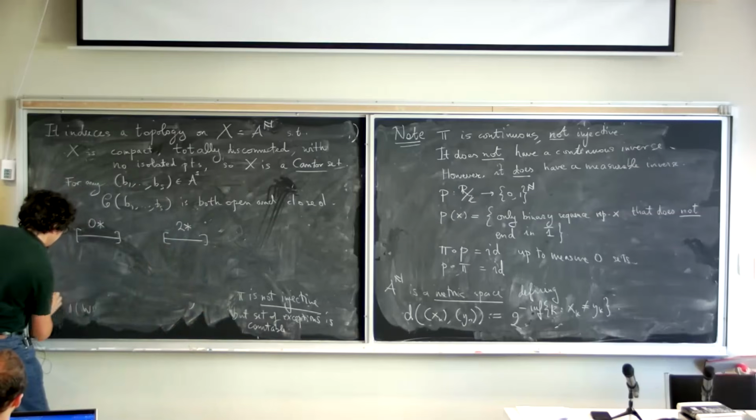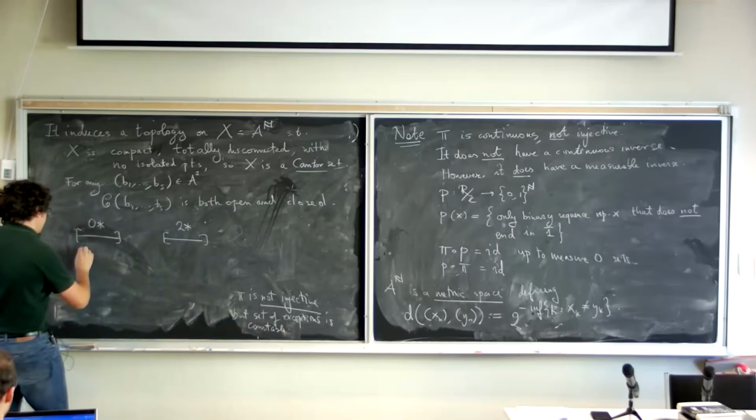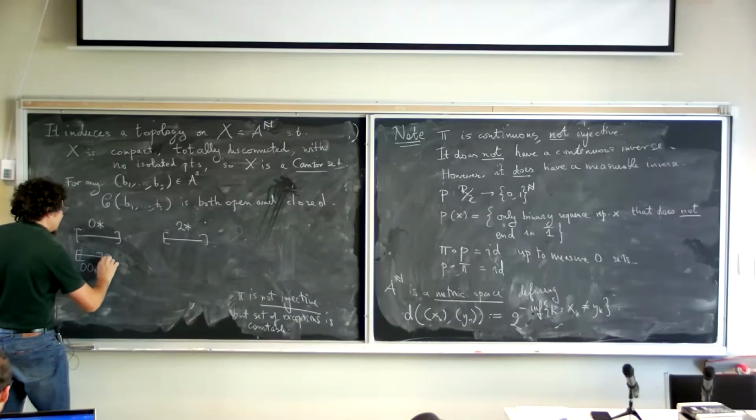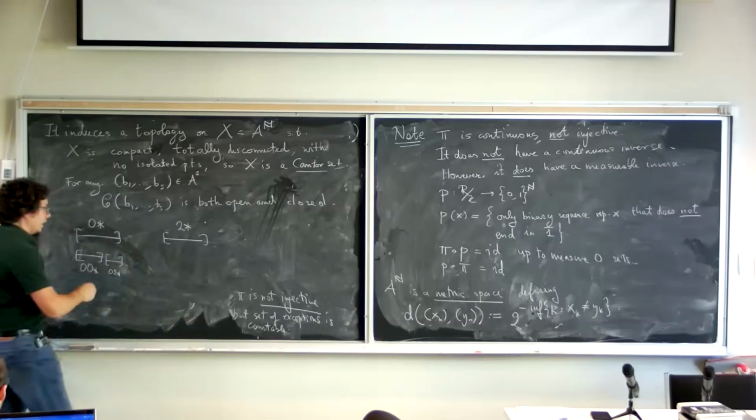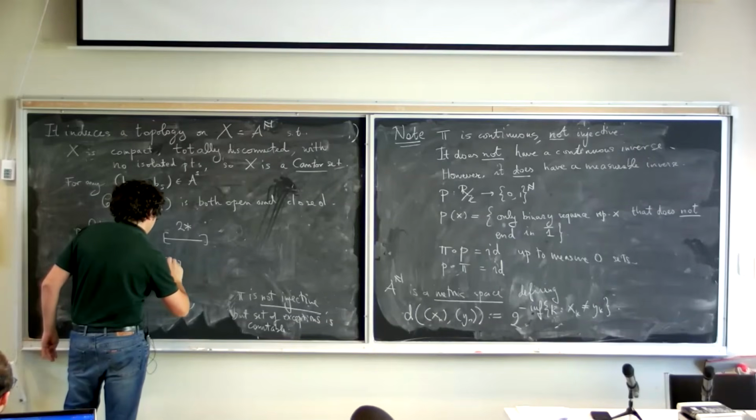Then you get this tree structure because you can start with 0, 0, or with 0, 2, and these are disjoint. On the other hand, you can start with 2, 0, or with 2, 2.